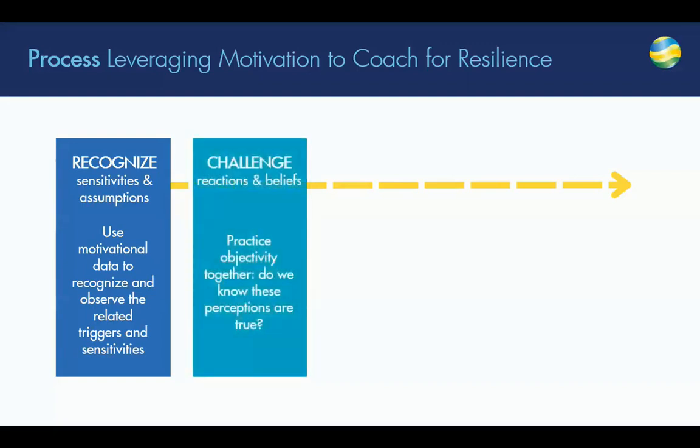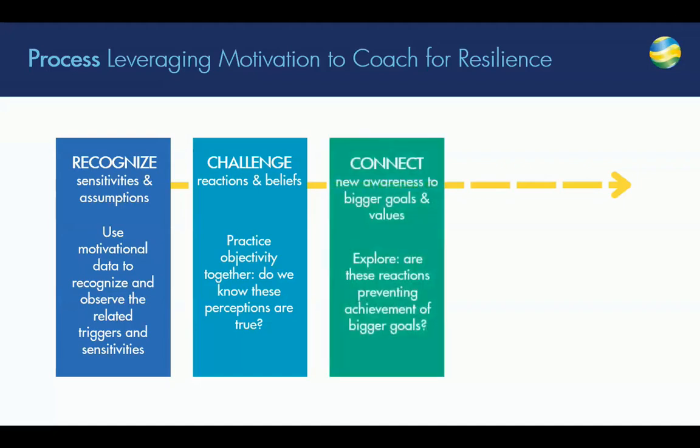The next step is to start to challenge some of those reactions and beliefs. Is this really true? Is everybody really trying to challenge me here? Is everything really a competition? And then to start to connect some of those beliefs, and actually zoom out and think about what my bigger goals and values are.